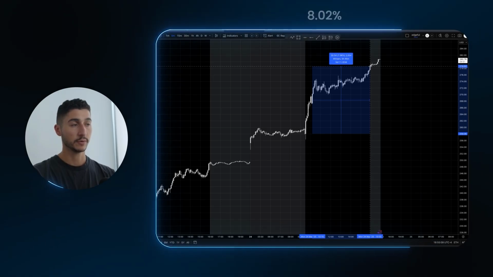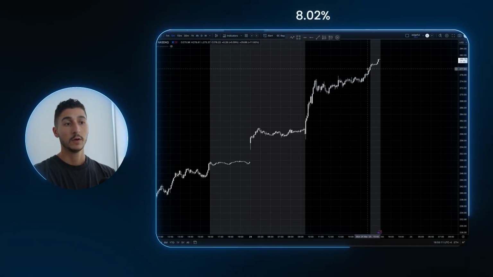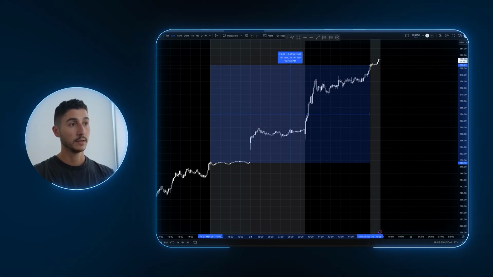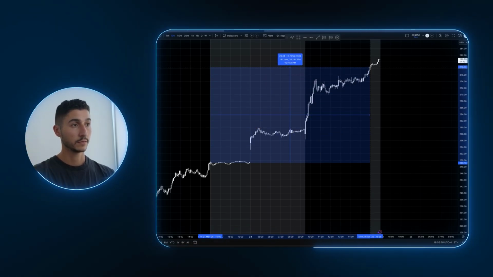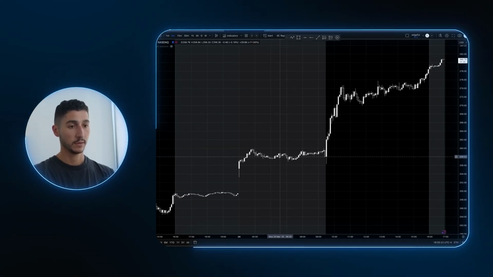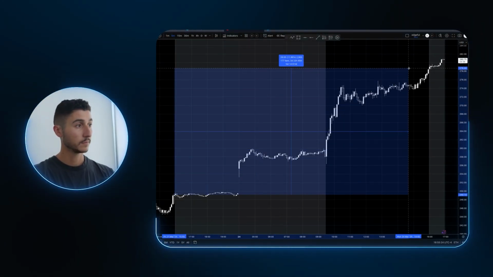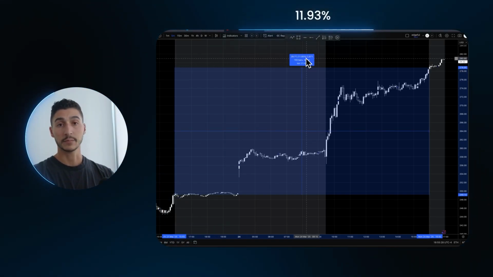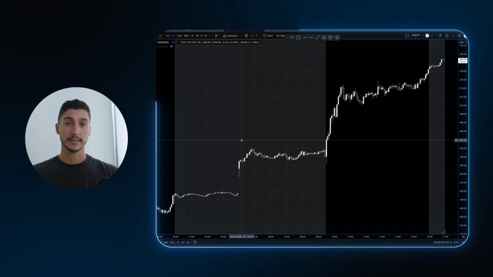From today's opening price, it was roughly 8%. But from yesterday's closing price, it is 11.9%. So it accounts for the gaps.